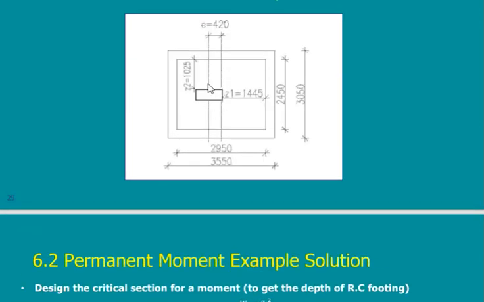Once I reach this situation, I shifted the column, whether in one direction or in two directions, then I will continue a normal design problem, but with a shifted column. It means that the cantilever here is not equal to the cantilever there.